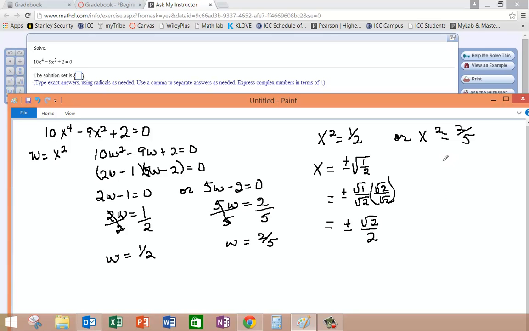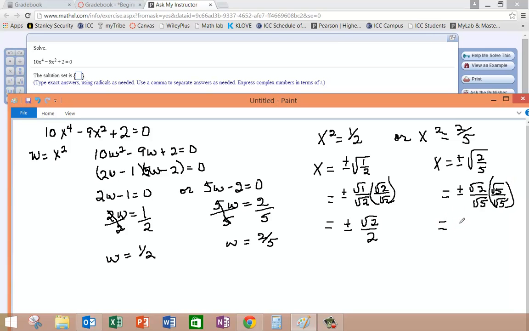For this one, again, using our square root property, we'll have x equals plus or minus square root of 2/5. Again, to simplify and not have a fraction under the radical, x is plus or minus square root of 2 over square root of 5. And we'll rationalize the denominator by multiplying by square root of 5 over square root of 5.